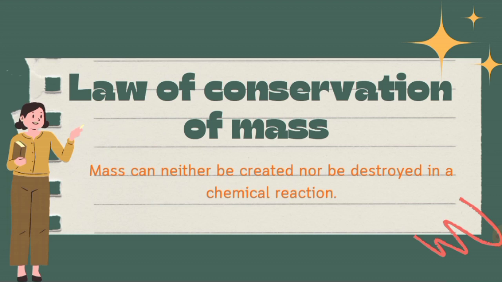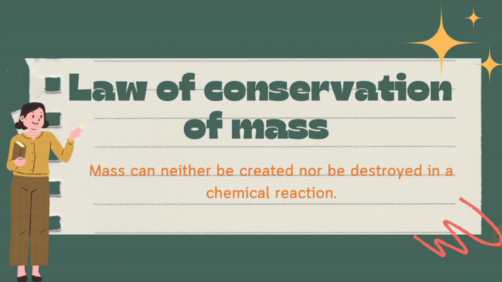So what does this law tell? The law of conservation of mass tells that mass can neither be created nor be destroyed. Very important. You have learned this in your 9th standard itself, but just recalling it. If the chemical equation is not balanced, it will violate this particular law.